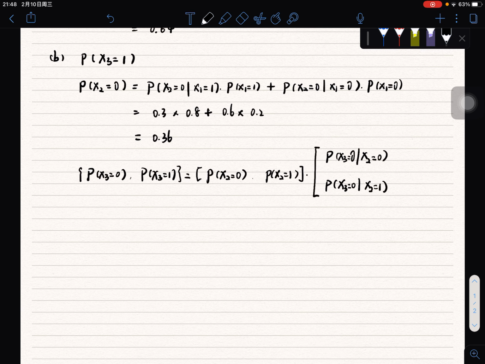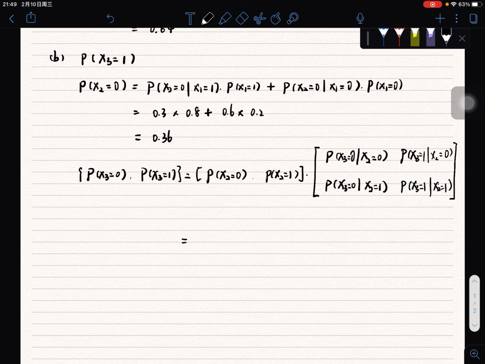And here, the second column, we get the probability of x3 equals 1 under the condition of x2 equals 0, and the probability of x3 equals 1 under the condition of x2 equals 1.